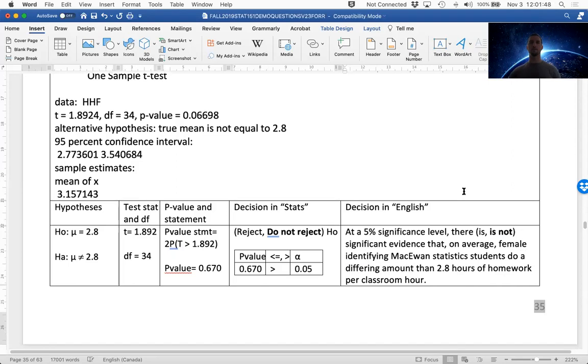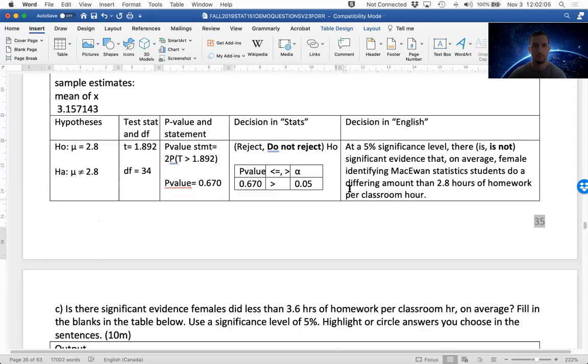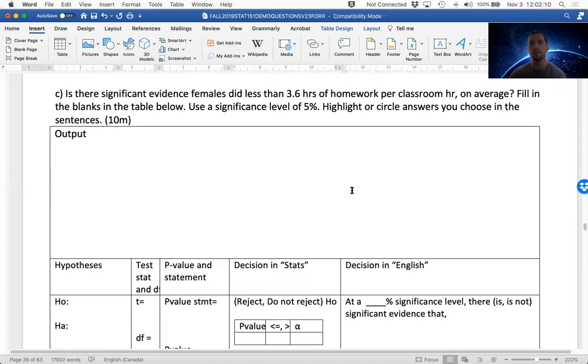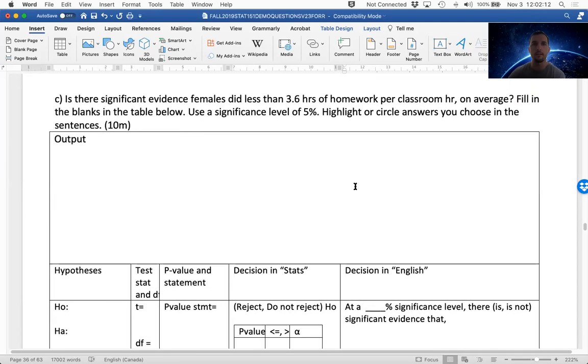It's a terrible sentence. Okay, so any questions on that? Okay, C. Is there significant evidence females did less than 3.6 hours?